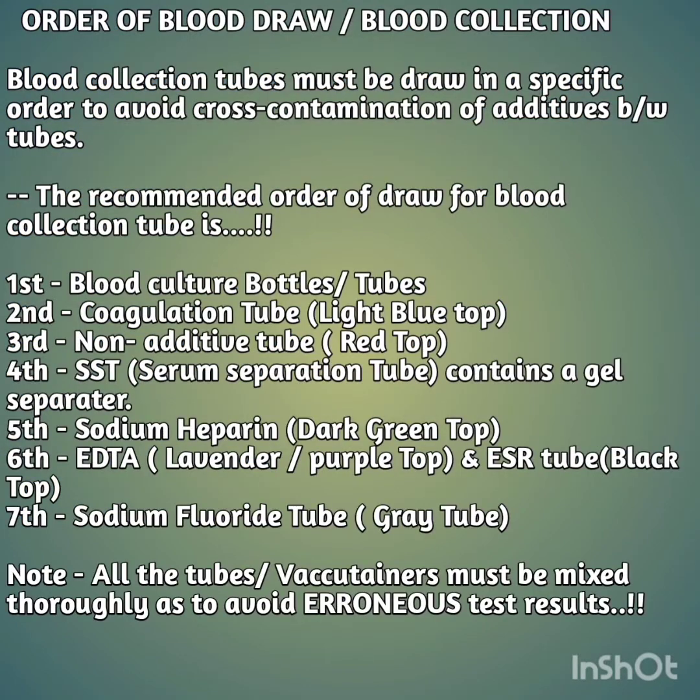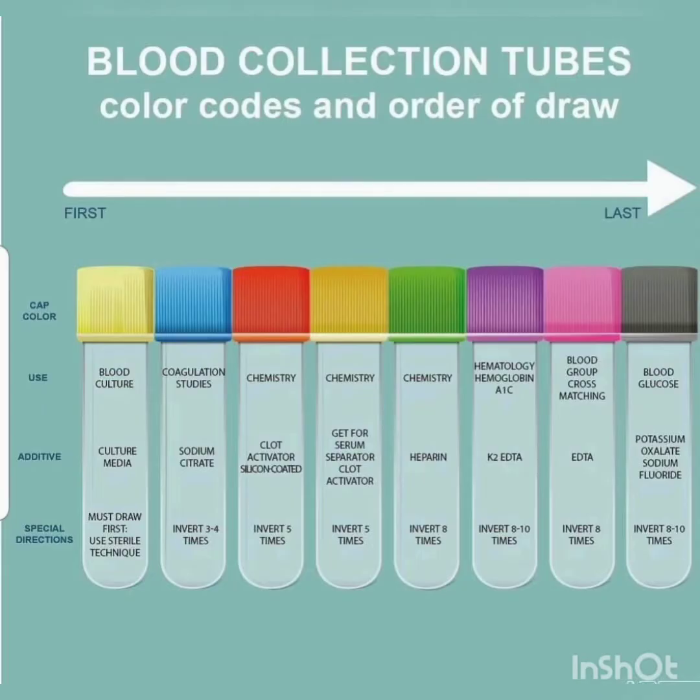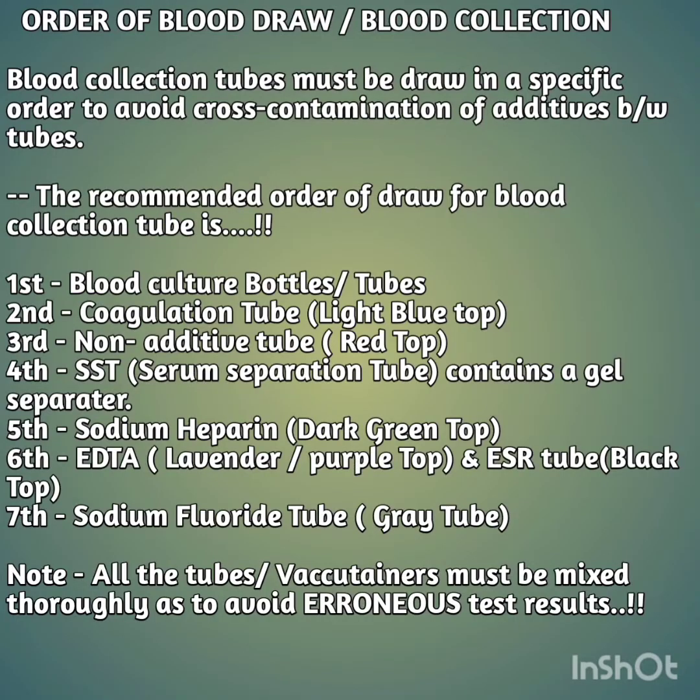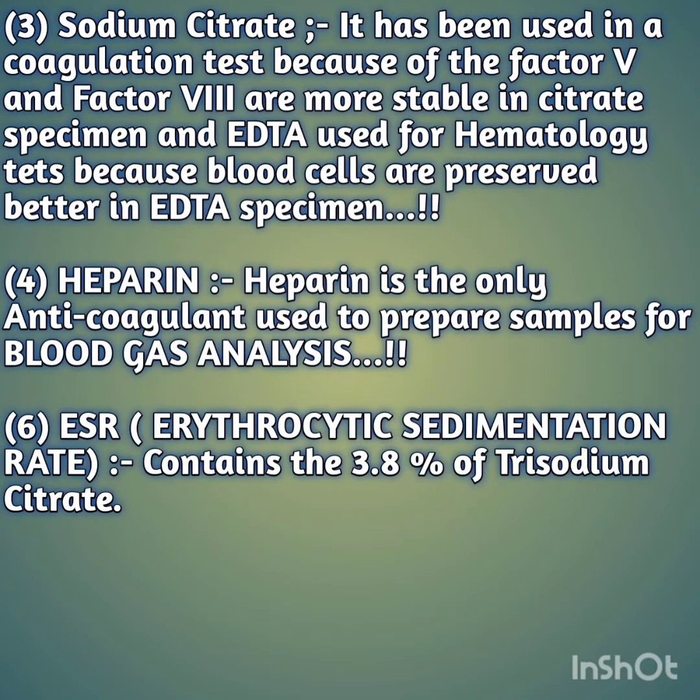Now I hope you will get clarity on why we are collecting in EDTA, and why we prefer an anticoagulant like sodium citrate for PT and APTT, because for PT and APTT samples, the coagulation factors, factor 5 and factor 8, are more stable in citrate specimens. I mean sodium citrate. That's why we collect coagulation parameters in sodium citrate.